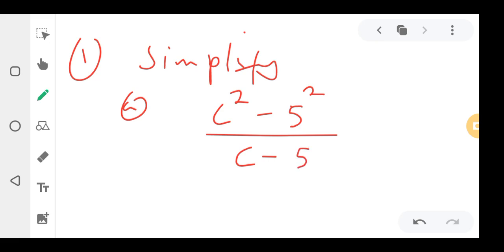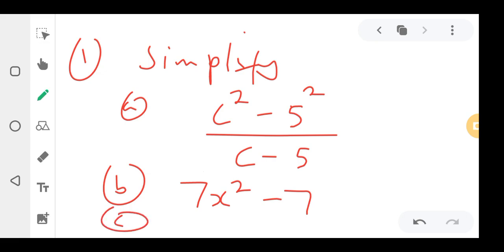That's the first question. Question B, it is 7x squared minus 7. That's question B.